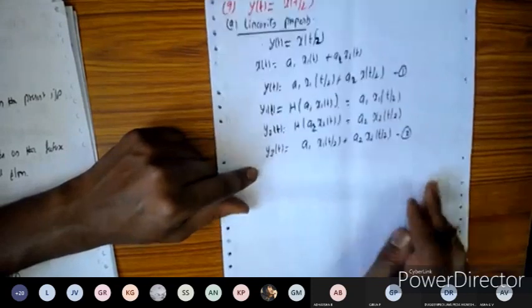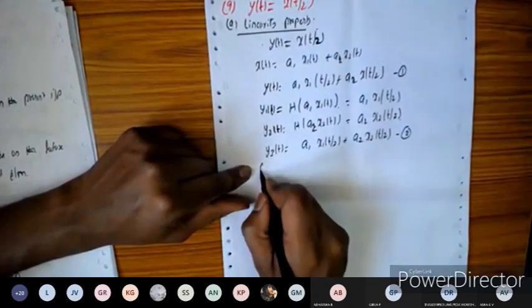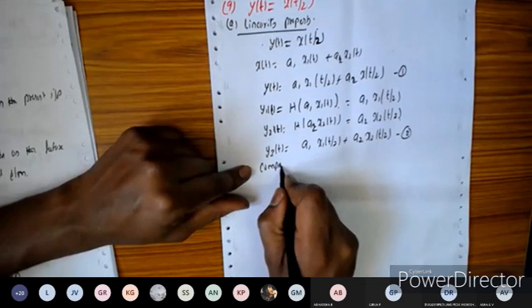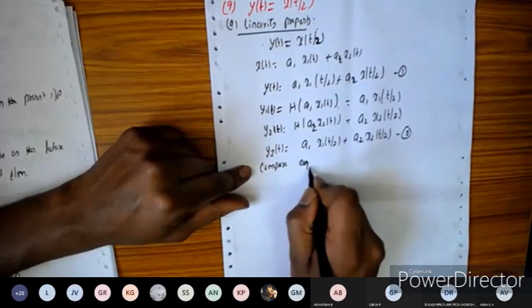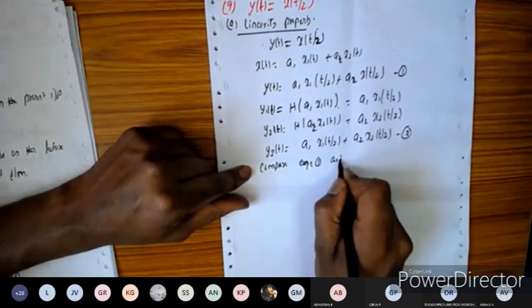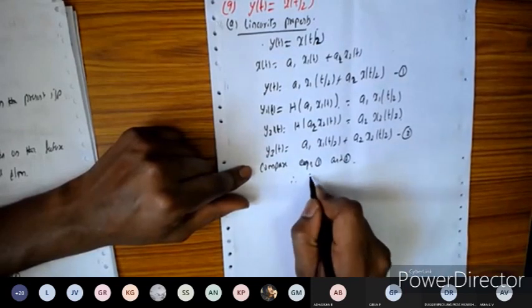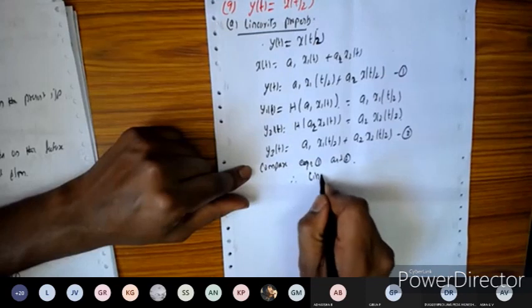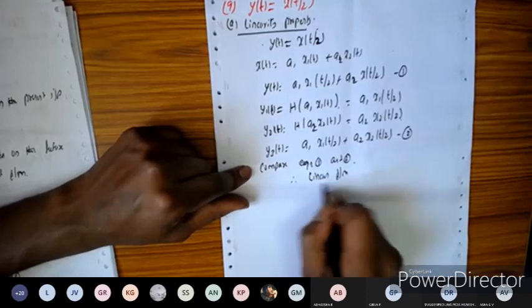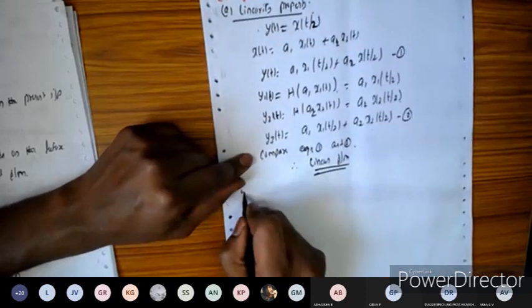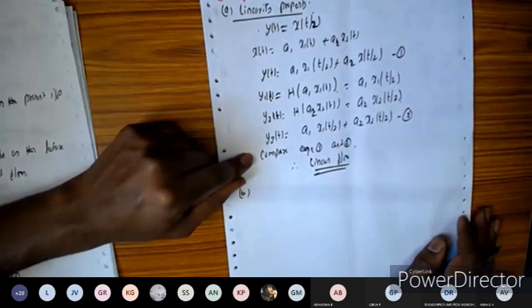Call this equation number 2. Compare equations 1 and 2. Therefore, the given system is a linear system here. So underline that one here.